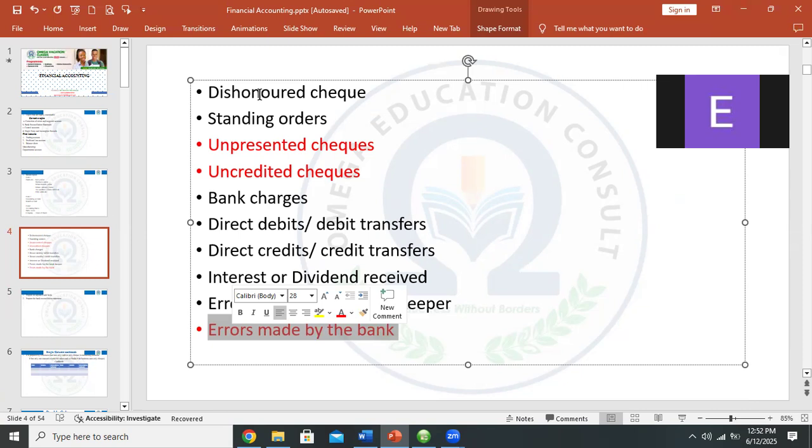We do that because these are seen as omissions. They were supposed to be recorded in the cash book, but we haven't recorded them. So we adjust them in the cash book.